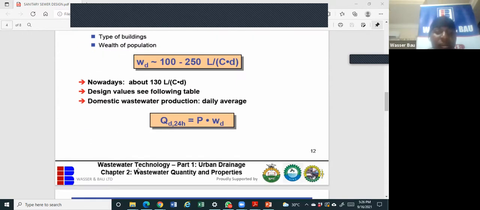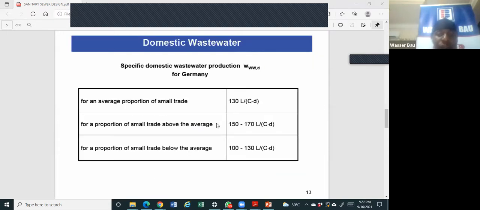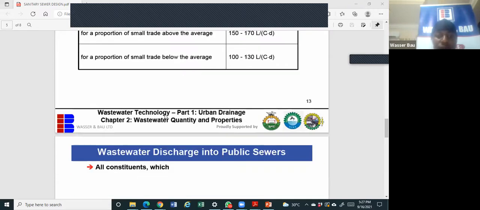And how do you calculate this? Population equivalent multiplied by the unit wastewater generation. So if I'm designing for 10,000 people, all I need to do is, like in a 3-bedroom flat, in a 3-bedroom now, is about, let's say 20 persons. So I multiply 20 by the wastewater production of 1 person, and so on and so forth.